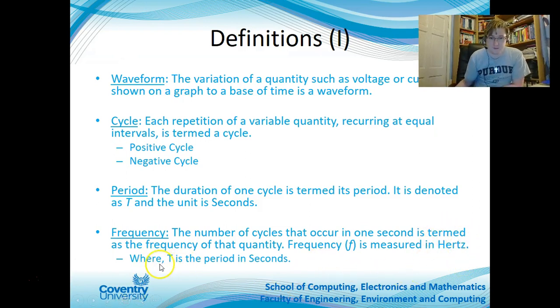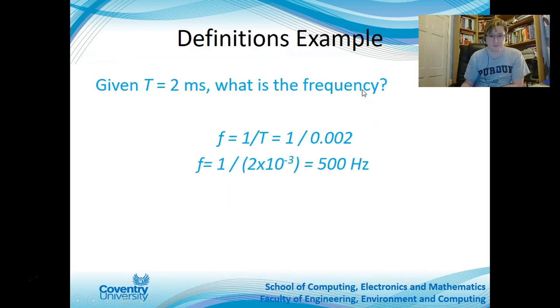Remember when you calculate with T, the period has to be in seconds as well. So for example, if you've got a 2 millisecond period, what's the frequency? f is 1 over T, which is 1 over 0.002, which gives us a frequency of 50 hertz. So it's fairly easy. Most people have probably come across this, even as early as GCSE, so hopefully this is just recapping some of the information at this point.